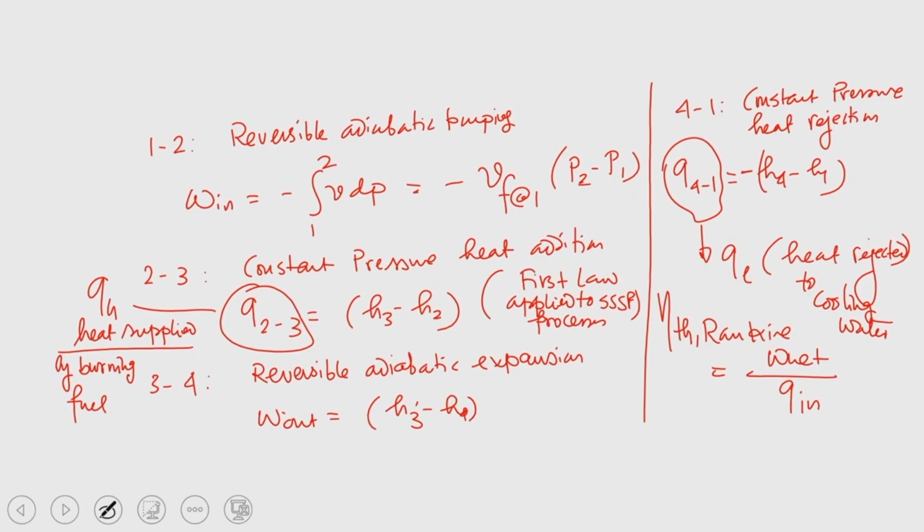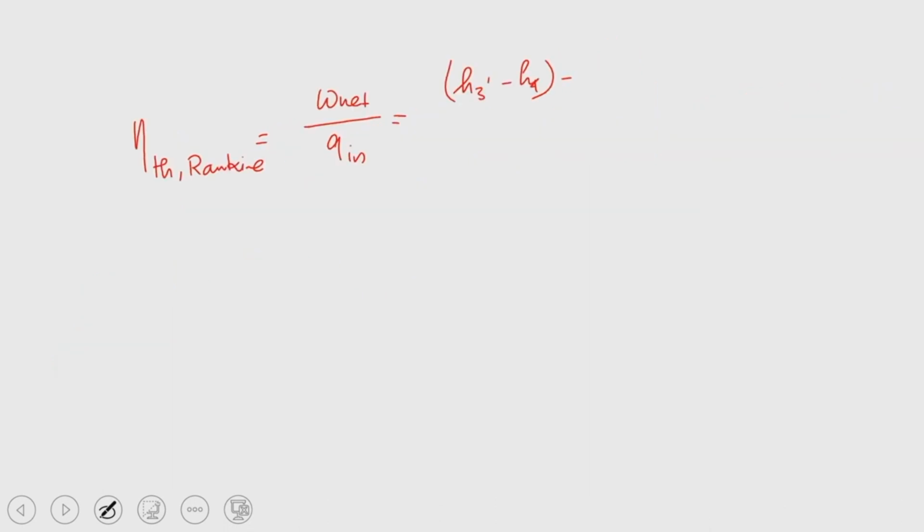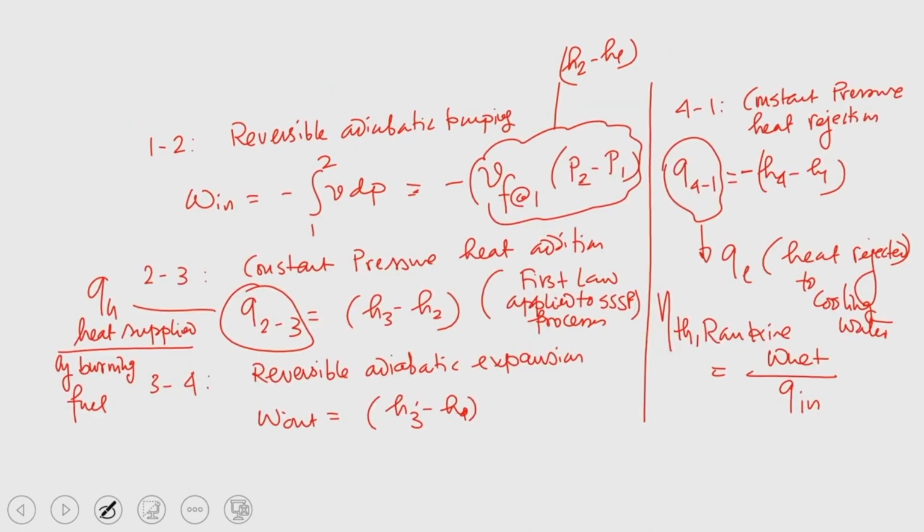This quantity is basically H 2 minus H 1, change in enthalpy, right. So, you know that basically we can write H 2 minus H 1 divided by Q in. So, that is the Q in.